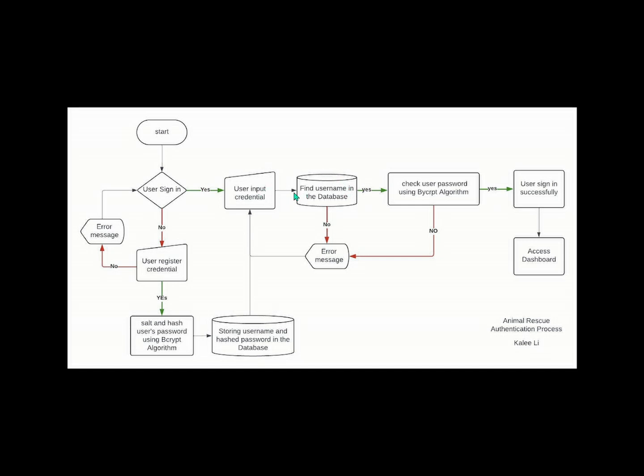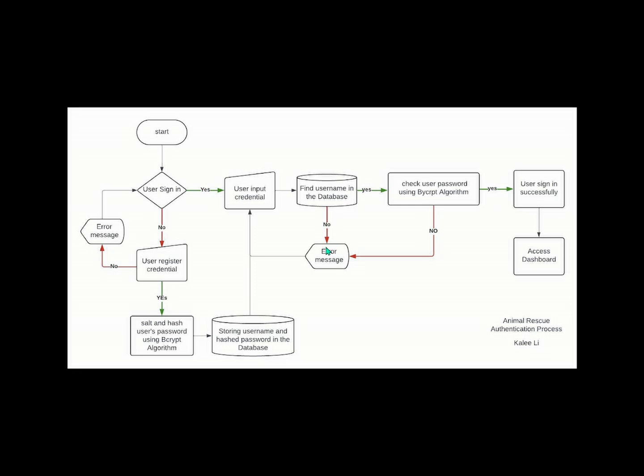And the system will first find the username. And if the username is found, then the system will check the password using the Bcrypt algorithm. And if it passes, the user can sign in successfully and access the dashboard.